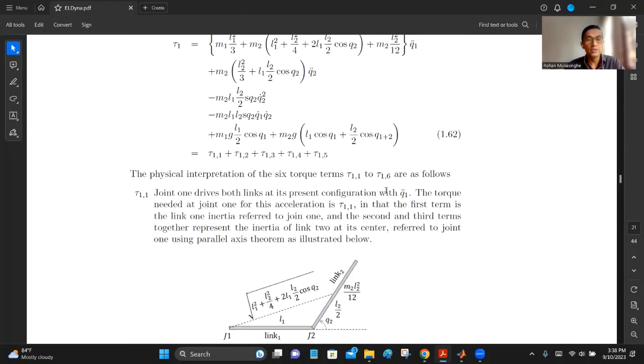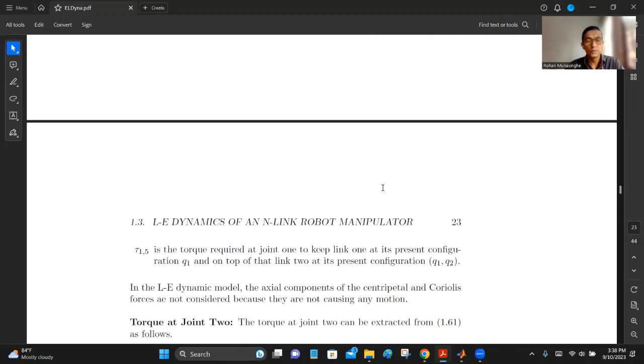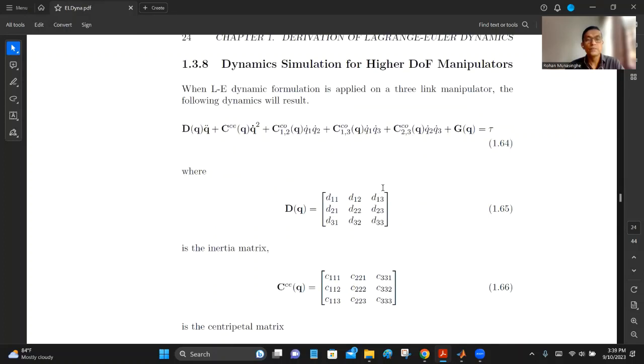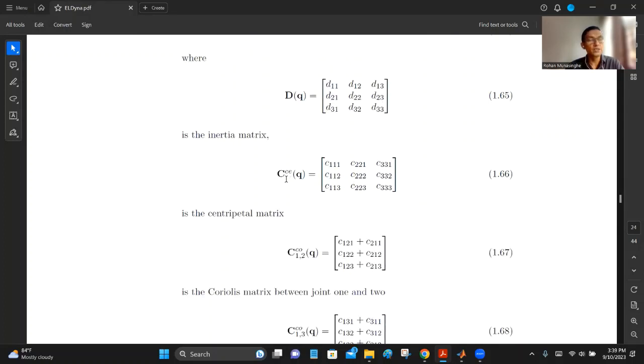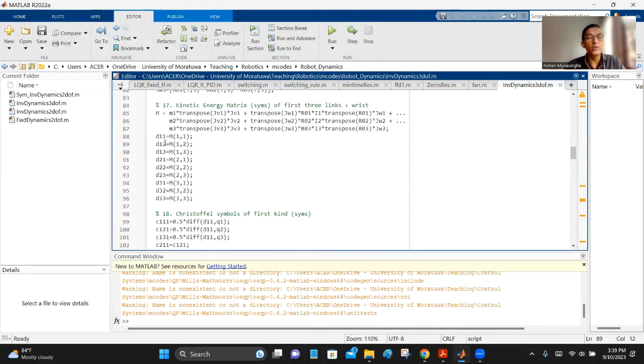Further down, over here. Now see, this is the centripetal term in the dynamic model. All of these Coriolis, Christoffel symbols are determined in MATLAB symbolically by differentiating the D elements, D11, D22, and so on.